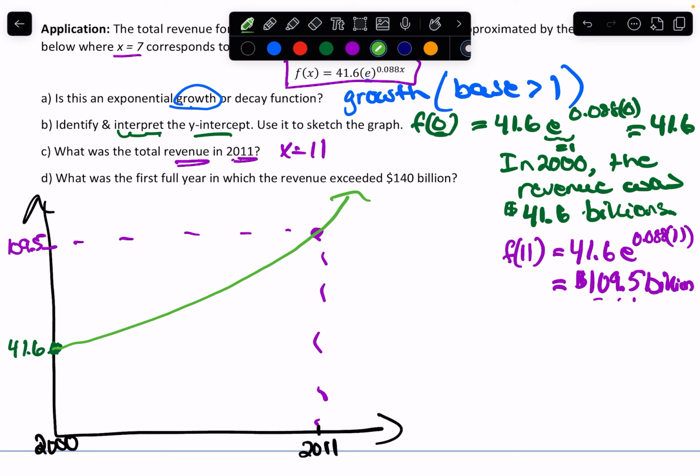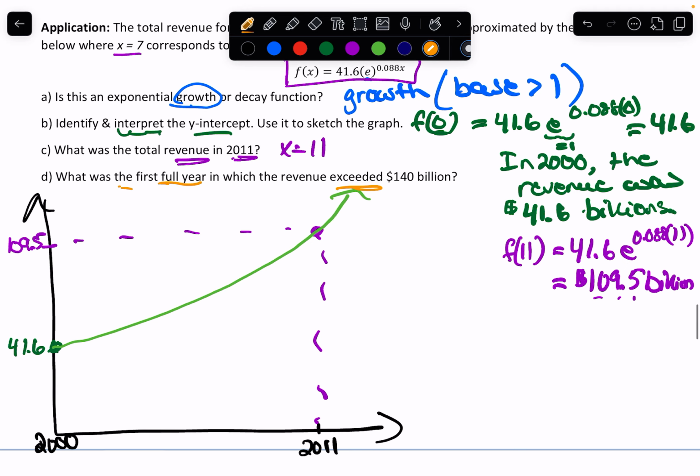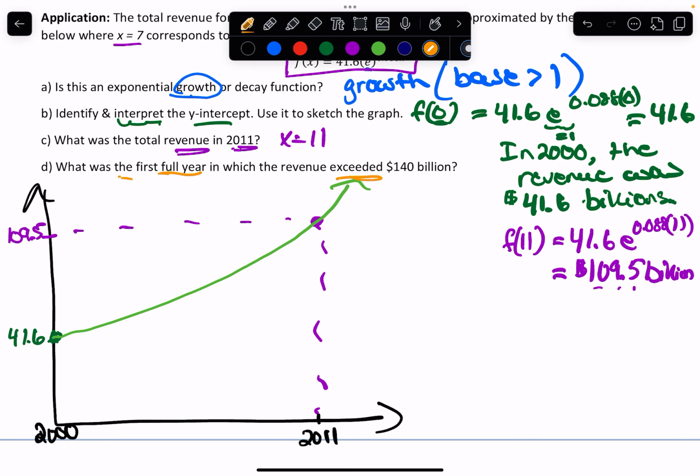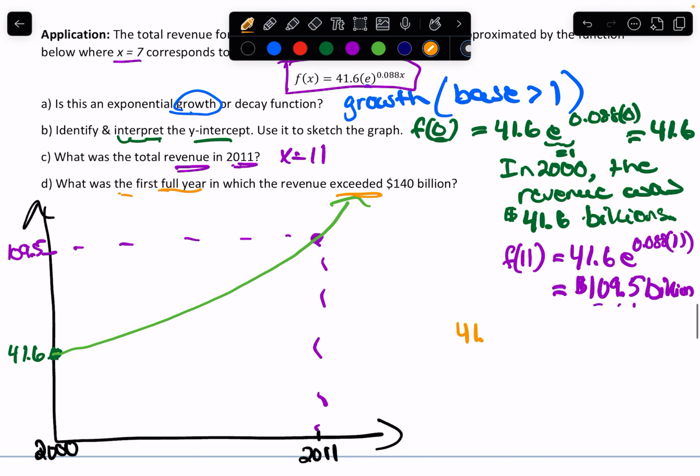Next question is, when was the first full year with which the revenue exceeded $140 billion? Okay, so what we need to do here is we're going to take the f of x, so 41.6 e to the power of 0.088x.